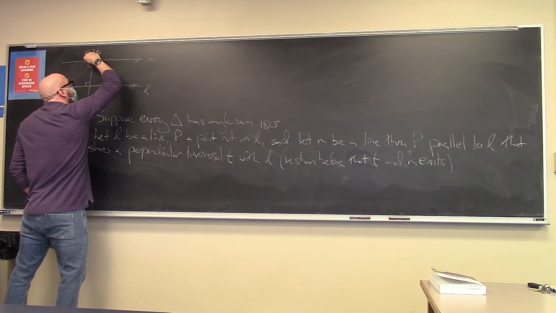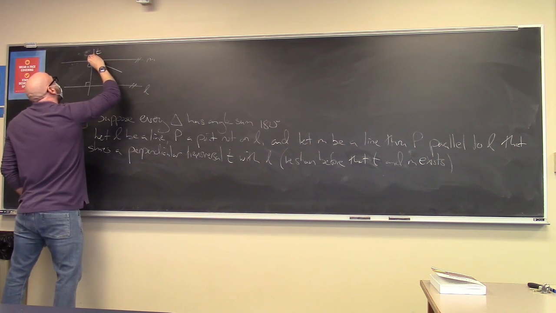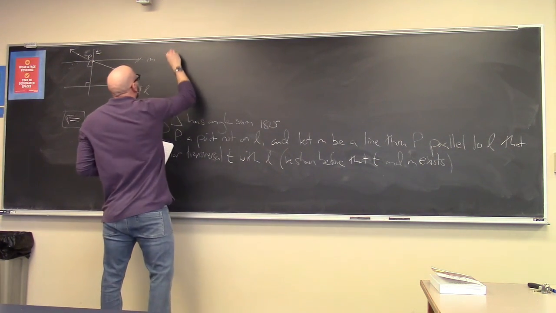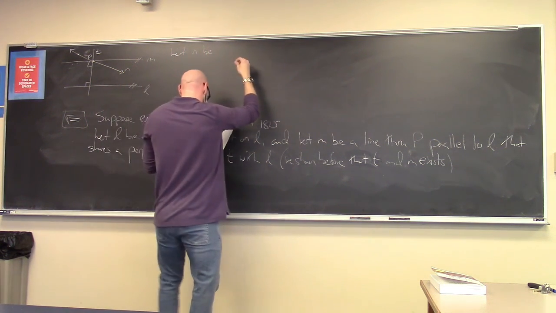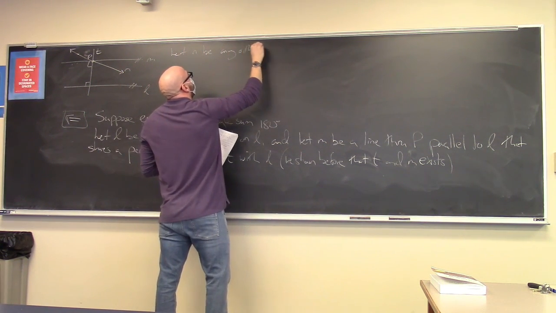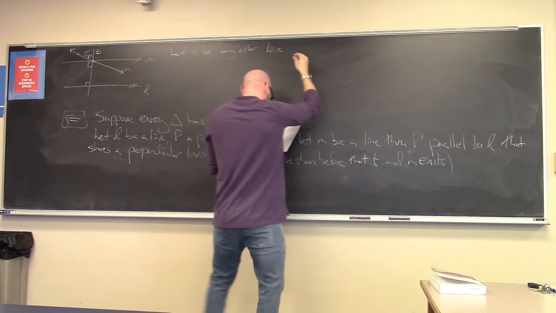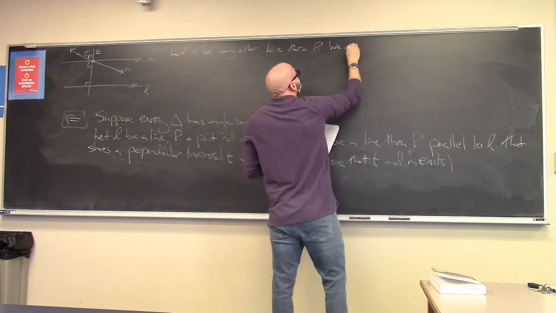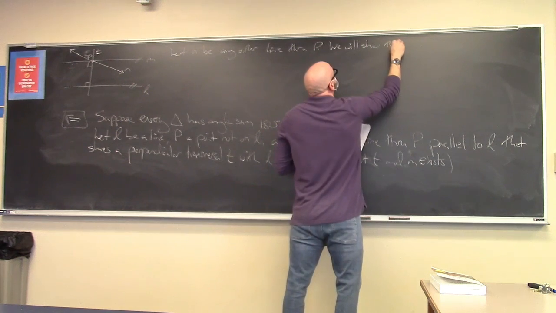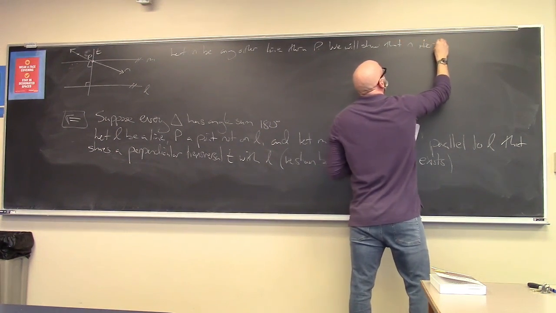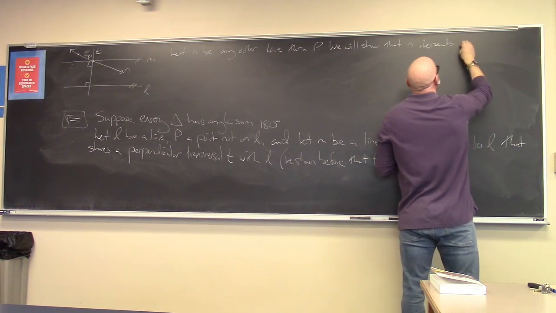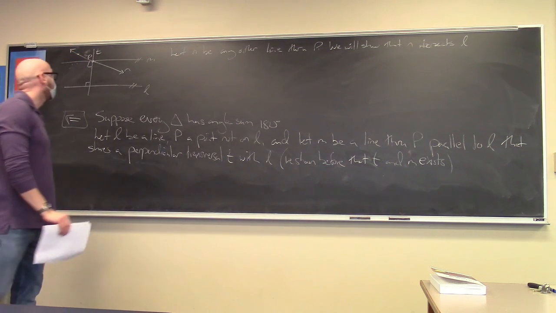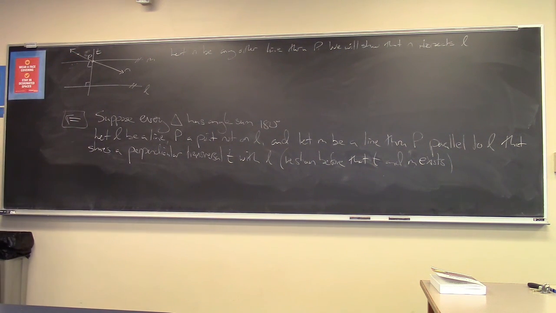Suppose I have N. So let N be any other line through P. We will show that N must intersect L. And that will establish Playfair's, right? Every other line through P cannot be parallel to L. There's a unique one. It's M.